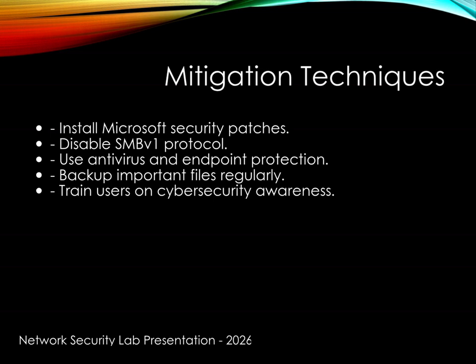Third is using antivirus and endpoint protection, which can help detect and block ransomware. And then you can do regular backups, ensuring that even if files were encrypted, organizations could restore them without paying the ransom. Finally, training users in cybersecurity awareness reduces the chance of falling victim to phishing or other attack vectors.